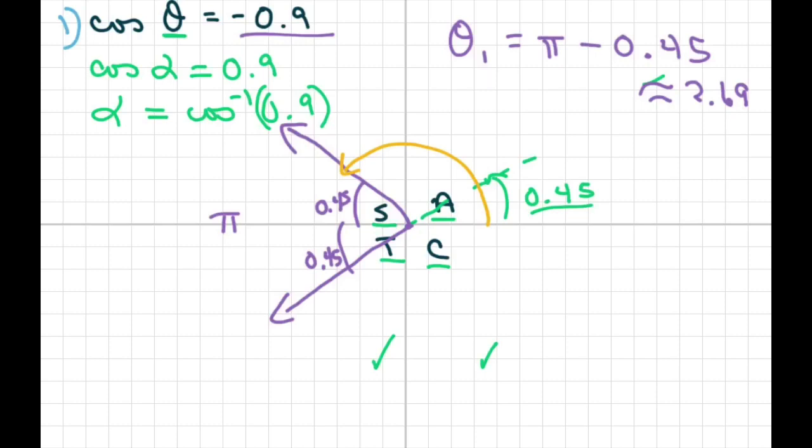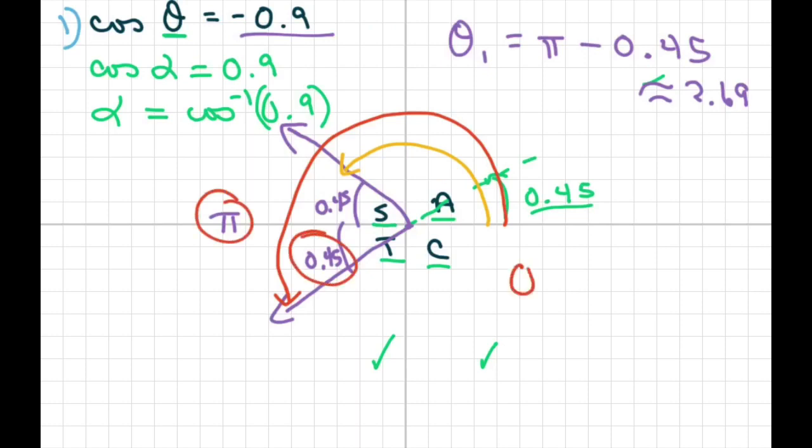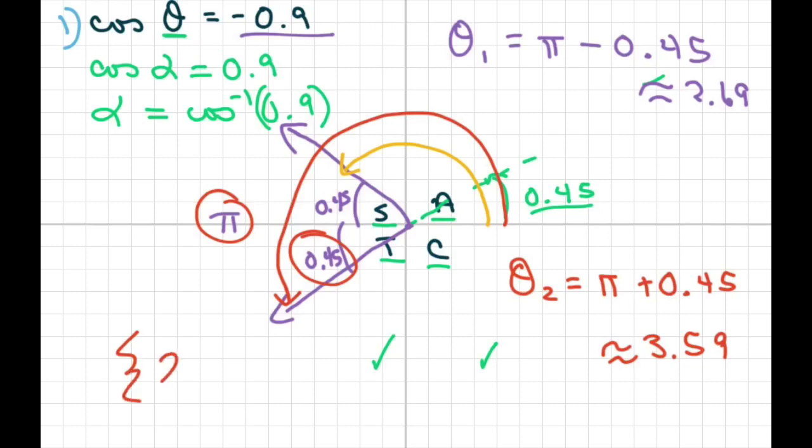And then for the other angle that's in quadrant 3, I'm going to take pi plus 0.45. So theta 2 would be pi plus 0.45, which is approximately 3.59. So your answers are going to be 2.69 and 3.59.